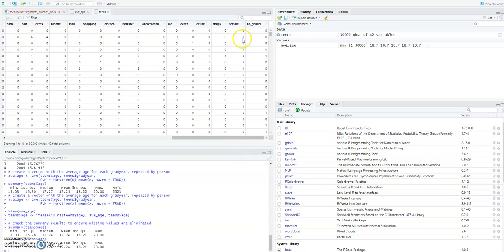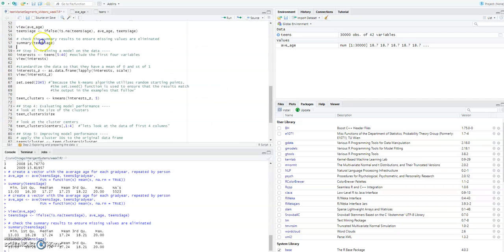So we have done the dummy coding for the gender, and for the missing age records, we have imputed the mean age value. So now that we have taken care of the missing values for both the gender and the age, we'll now get started with our training data set.